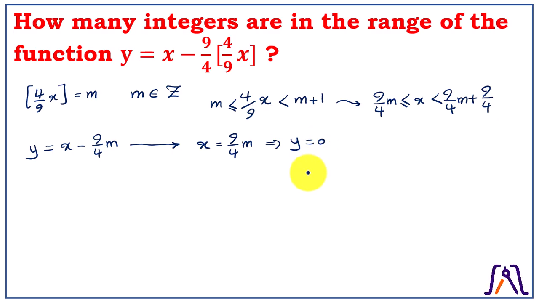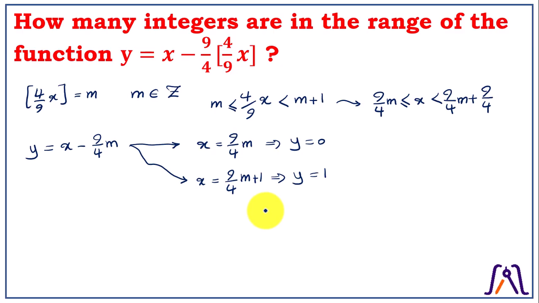Now, if you move 1 unit forward from the start of the interval, meaning that x is equal to 9/4 of m plus 1, then you can see that y is equal to 1.